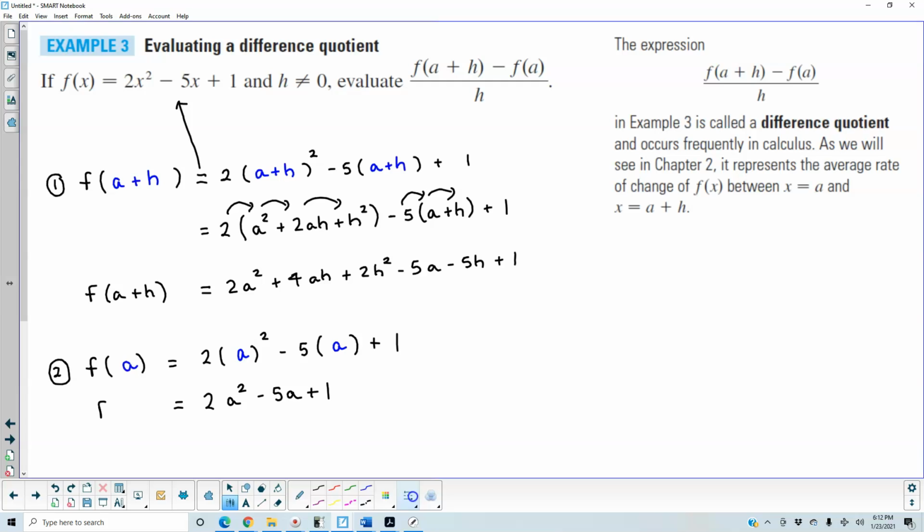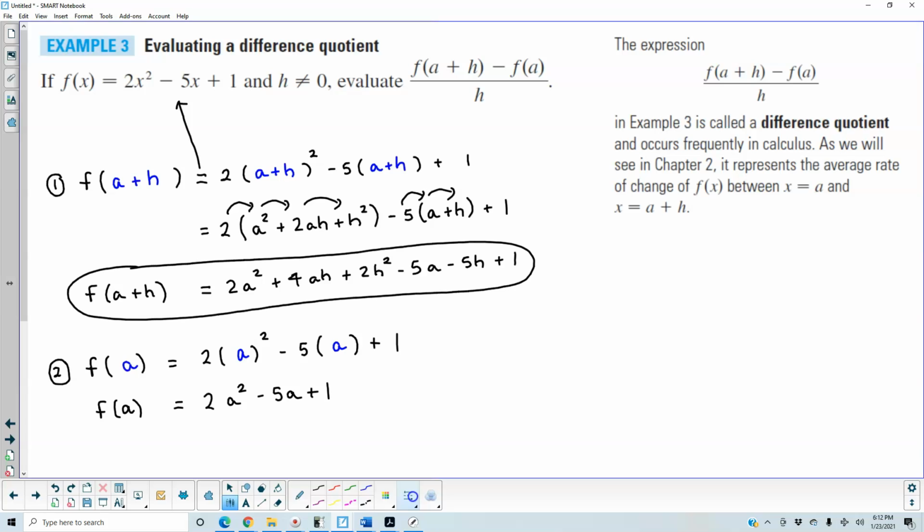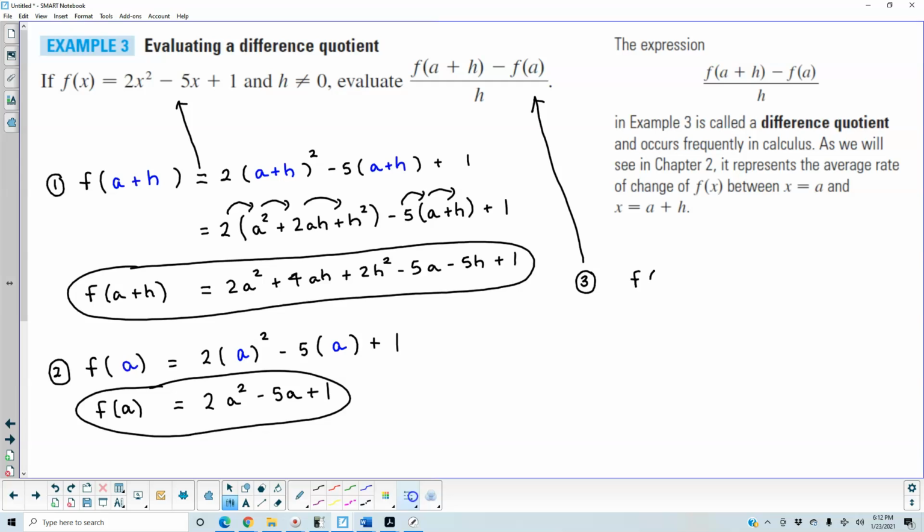And so now what we're going to do is substitute what we found in that part and this part into our difference quotient. So for part 3, recall with our difference quotient we have f of a plus h minus f of a, and we're dividing that by h. So what does that mean?